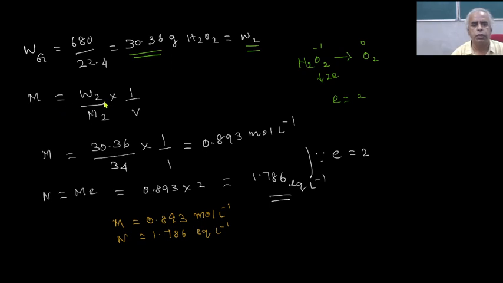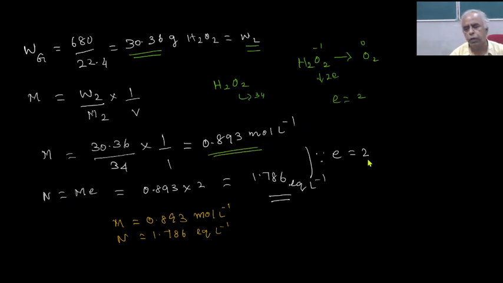So M is equal to weight of the solute divided by molar mass of the solute into 1 by V, that is given in liter. Therefore 30.36 divided by, what is the molar mass of H2O2? The molar mass of H2O2 is nothing but 34. So we have taken 34 as molar mass, 34 into 1 liter, because we are finding out per liter, and based on that we are able to get 0.893 mole per liter.